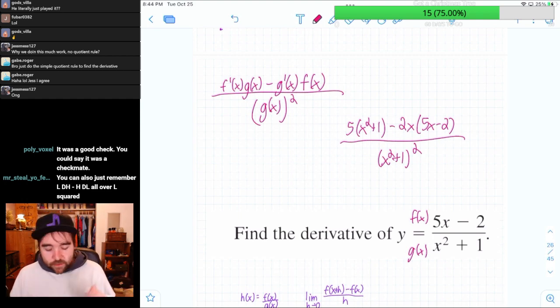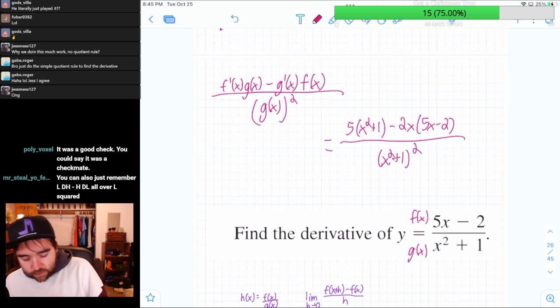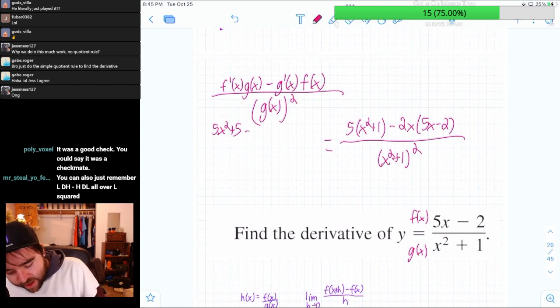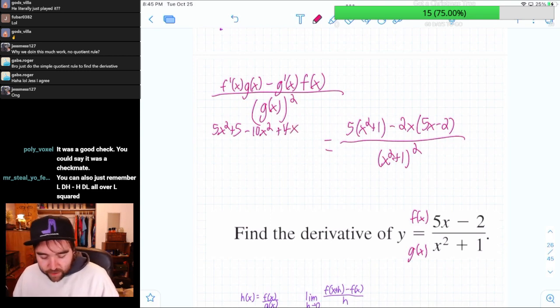And that's beautiful. That's the derivative. It's kind of nice to just clean it up a little bit. So let's distribute that 5 and that negative 2x. So plus 4x. And then just combine like terms.